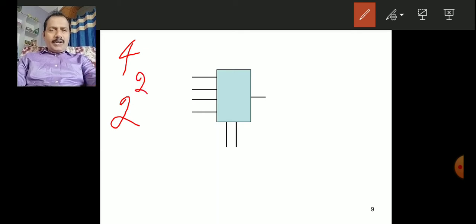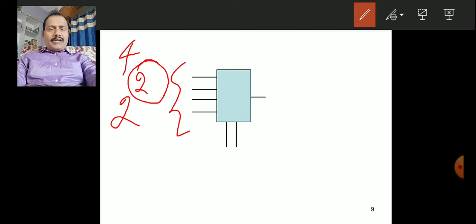Because there are 4 data inputs, D0 to D3, and only one output. And how many control lines are needed? Two control lines are needed. Selection lines are two. Hence, based upon these two selection lines, one of the inputs is selected and presented at the output.